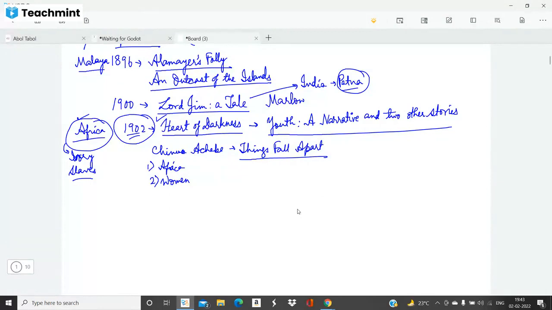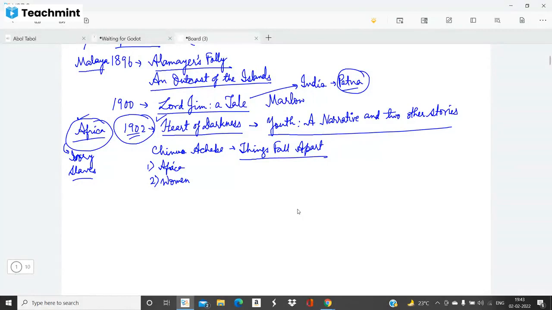That is, Conrad was as imperialist as the people of his times. He was a product of his times, and therefore imperialism is a part of his discourse as well. But I do not find that he was an apologist for imperialism. That is, he did not properly support imperialism.